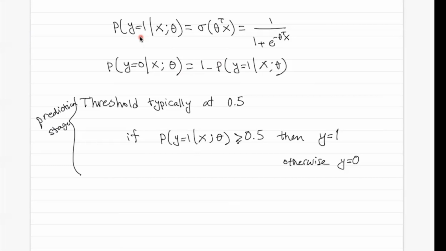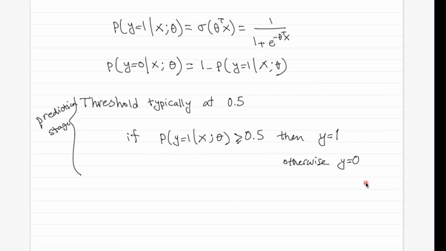Therefore, in general, we have to use something called thresholding, which means that in the most typical case, we set the threshold to be 0.5, meaning 50% chance. So if the probability that the input vector x belongs to class 1, according to our logistic regression model, is greater than or equal to 0.5, then we assign the label to be 1, and otherwise we assign the label to be 0.